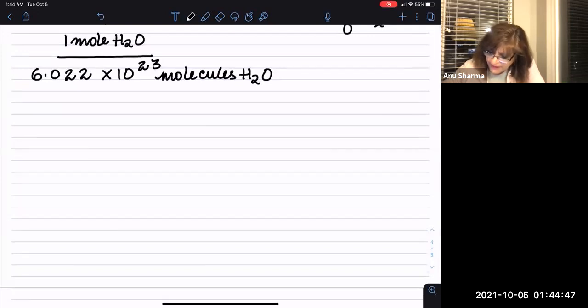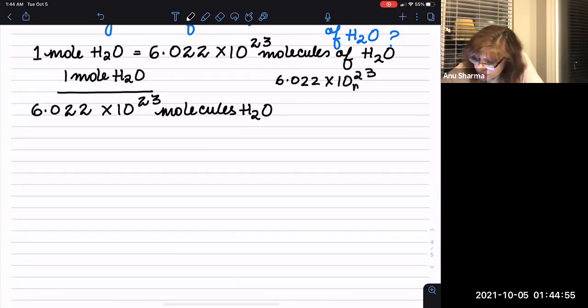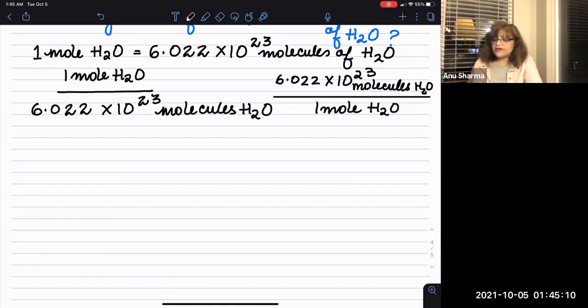Or you can flip it: 6.022 times 10 to the power 23 molecules of water over 1 mole of water. So which one will we take?